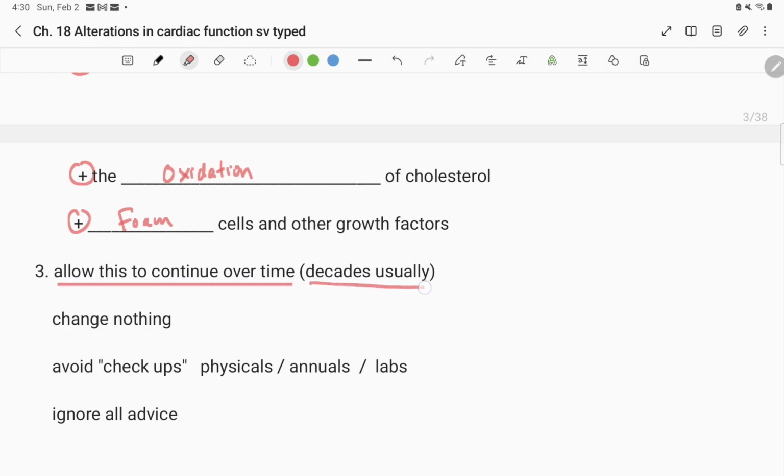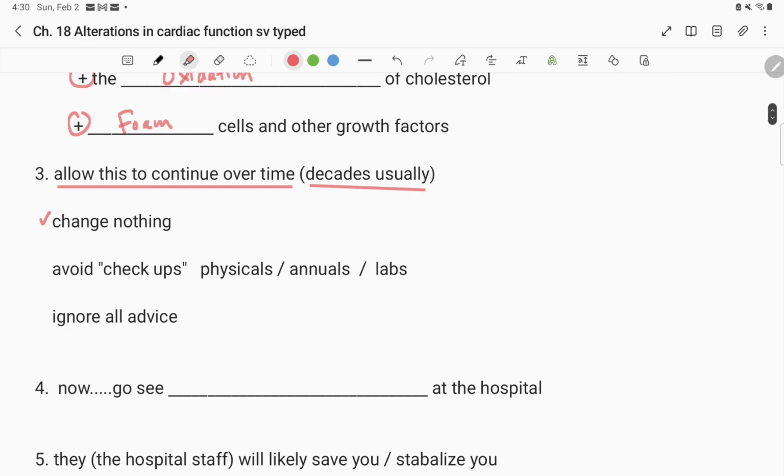Usually it takes decades to start hurting the heart blood vessels. Change nothing in your life. Do not change diet and lifestyle. Change nothing. Avoid checkups, avoid physicals, avoid annuals, avoid labs. Ignore all advice.